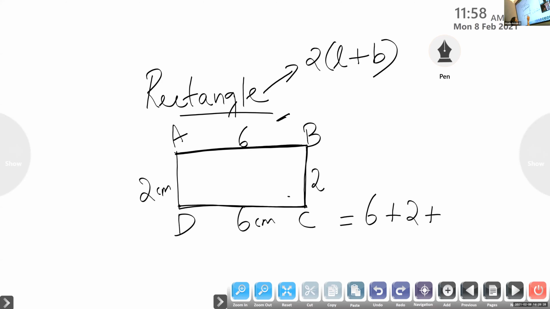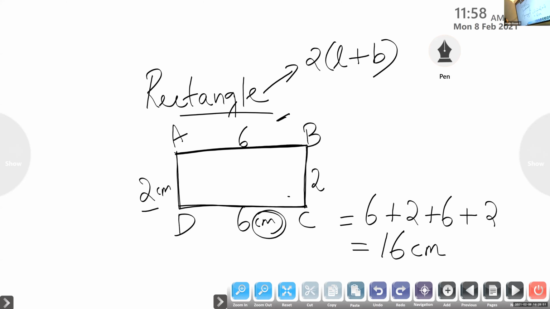Again here another 6, again here AD, that is 2. So can you say the answer? 6 plus 2, 8. Again 6 plus 2, 8. So what is 8 plus 8? 16, and it is given in centimeters, so I will write 16 centimeter.